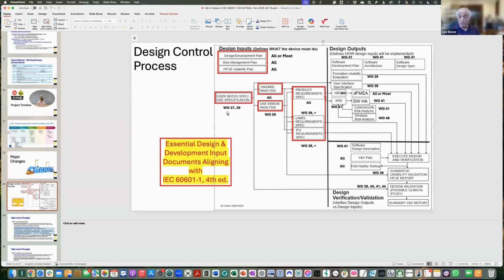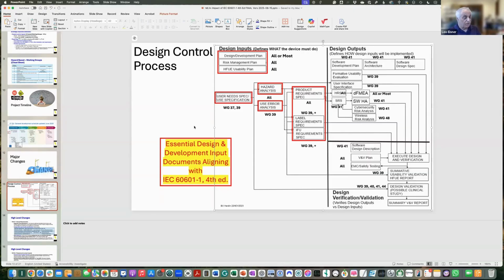That would be working group 39, or user interface aspects, which is all usability-based. That's one of the 3 major things we work on. Also, label requirements, IFU requirements, specs, that's all part of working group 39 requirements. The other thing that's working group 39 is usability, formative, and user interface aspects, which is part of design outputs.